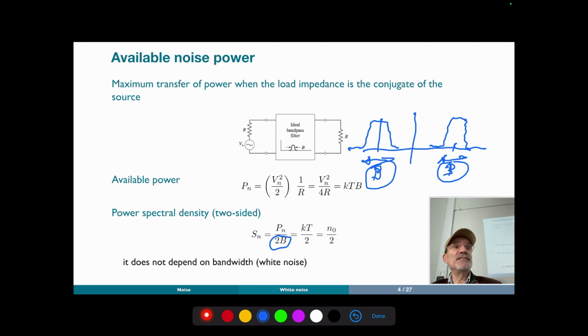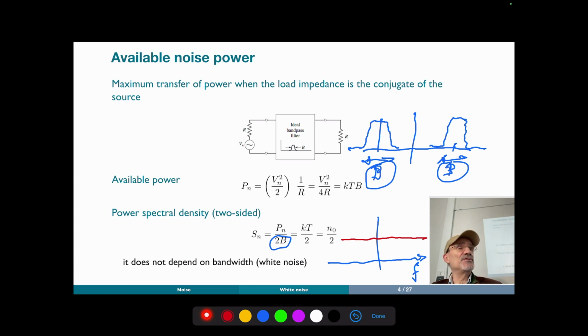And since it does not depend on bandwidth, if we represent the power spectral density over frequency like this, what we get is a constant power over all frequencies, which means that this source contains all frequencies, okay?